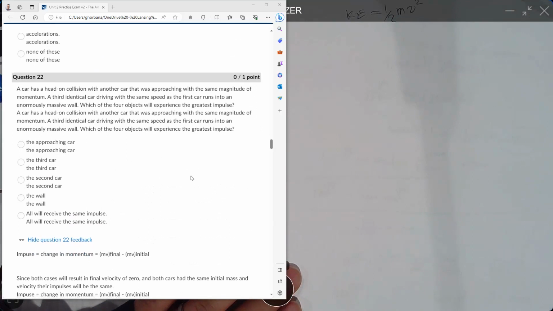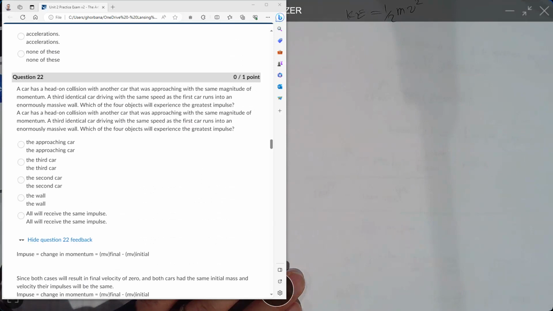Which of the four objects will experience the greatest impulse? They all receive the same impulse because the change of momentum for all will be the same. Good? Because the impulse is equal to the change of momentum.